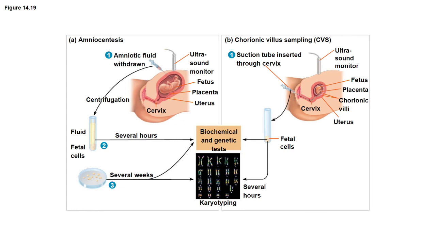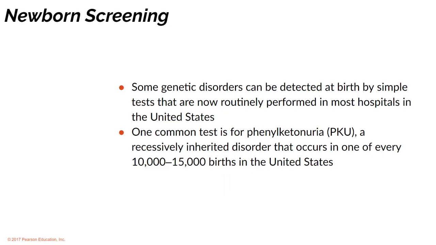Once you have the child's DNA, you can determine whether or not it will have certain genetic traits. So one common test is for PKU, a recessively inherited disorder that occurs fairly frequently, at least one in every 10,000 births.